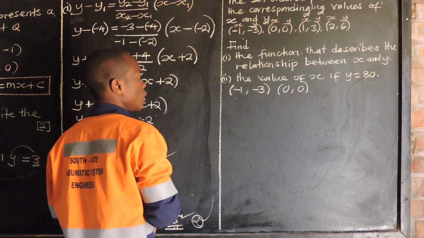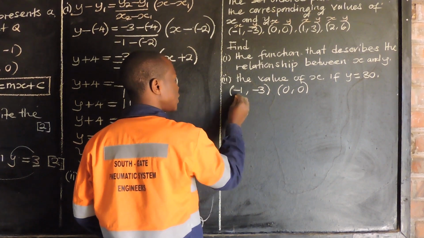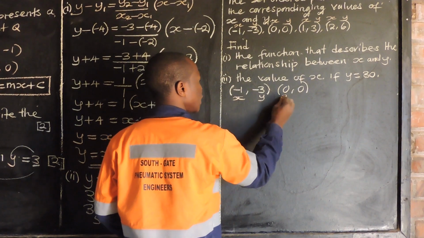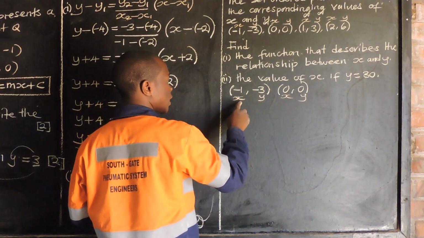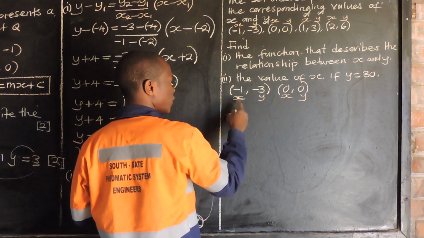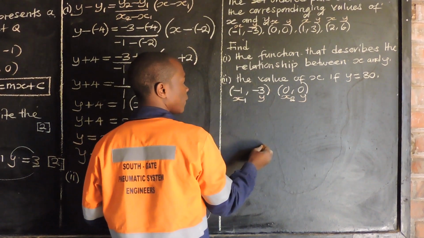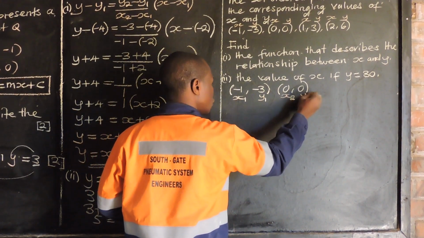Now, since these are corresponding values of x and y, this is x, this is y. This is x, this is also y. Since we have this x and this x, to differentiate the two, this is x1, this is x2. Then this is y1, this is y2.